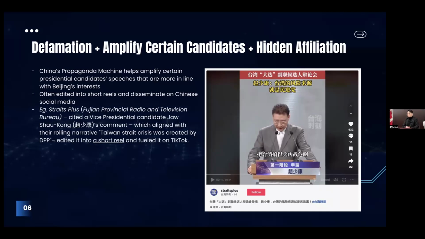While TikTok has labeling for transparency, this account wasn't labeled as a foreign agent, so they're hiding their affiliations to portray themselves as independent media, to portray themselves as having an objective stance, reporting the facts, when they're not.